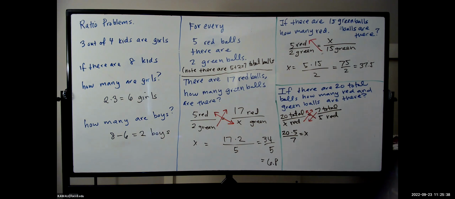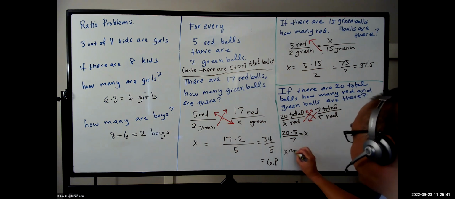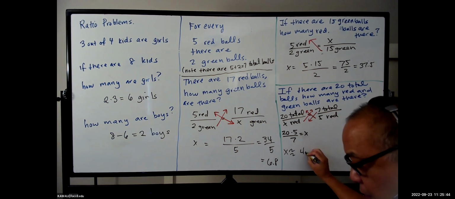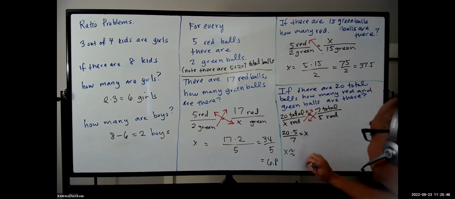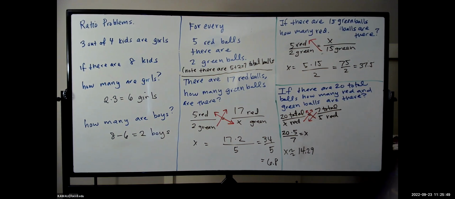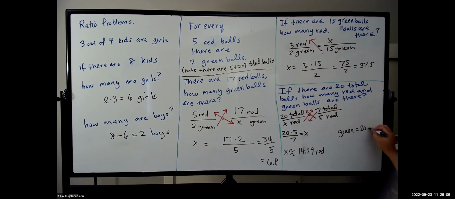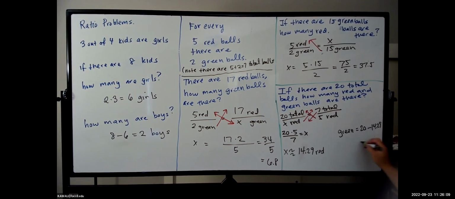Okay, so X is roughly equal to 14.29. We'll round it. Now you could do the same thing doing a ratio problem, but it's probably faster to say, so this is red balls. So green balls is equal to 20 minus red balls, which is about 5.71.